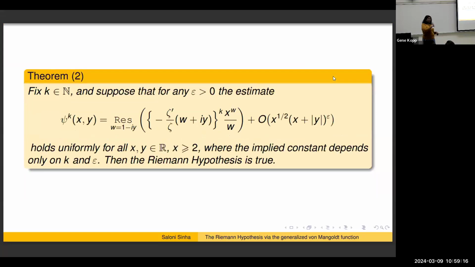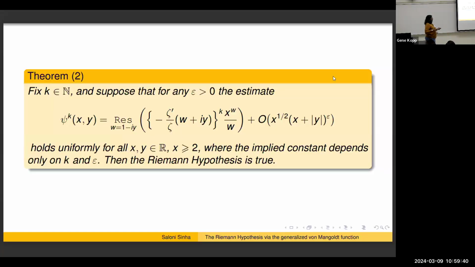And then in the reverse direction, this is like a strong converse of the theorem. Basically, what we say is that if for any epsilon bigger than 0, this estimate holds. So this is not the same estimate. I don't know if you noticed, but the error term here is x to the 1/2. We are not using log here, in some sense using a stronger estimate.